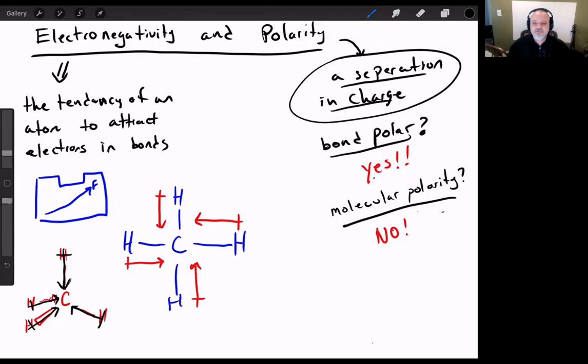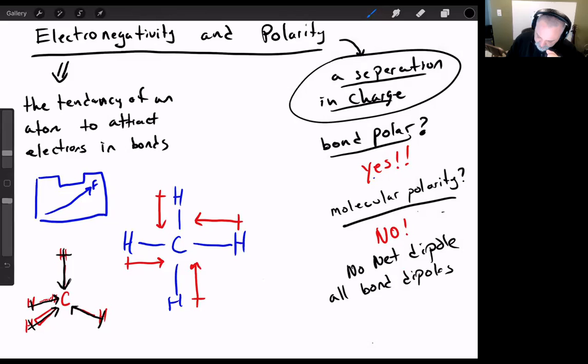The molecule is nonpolar. So what makes it nonpolar? There's no net dipole. All bond dipoles cancel. This is the reason that it's nonpolar, but I'm about to show you a quick way. You can tell that a molecule is nonpolar in this course if you just examine what's around the central atom.